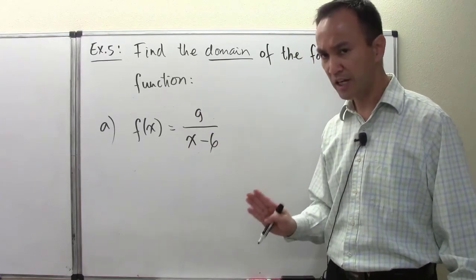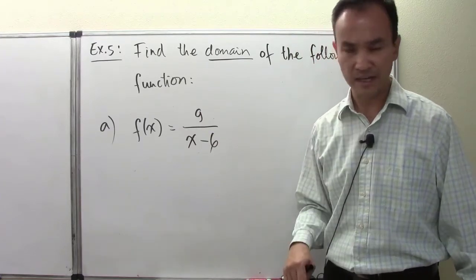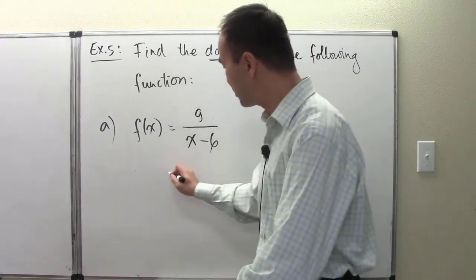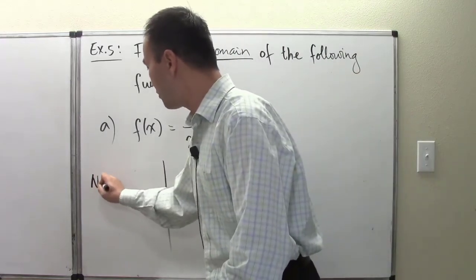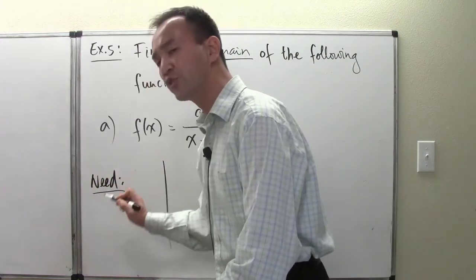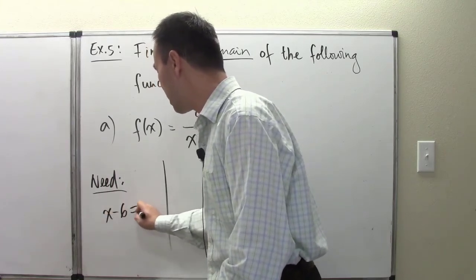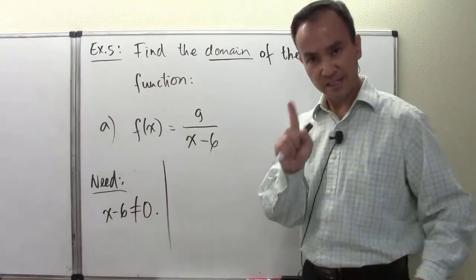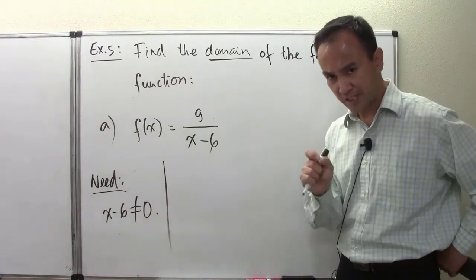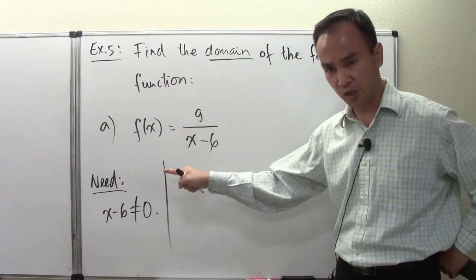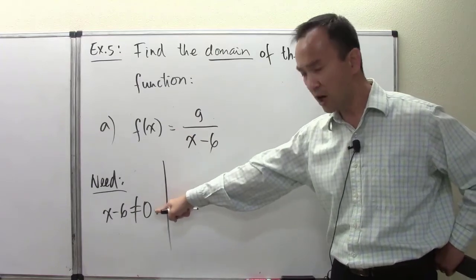So anytime we run into that kind of problem, the first thing to keep in mind is that we must always ensure that x minus 6 is non-zero. The logical reasoning is that we must always ensure the denominator is not equal to 0.